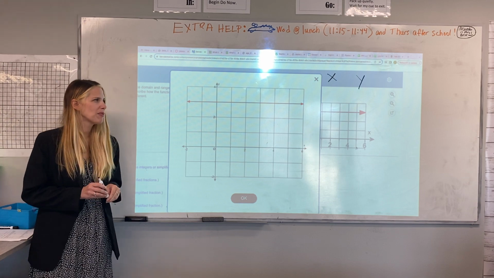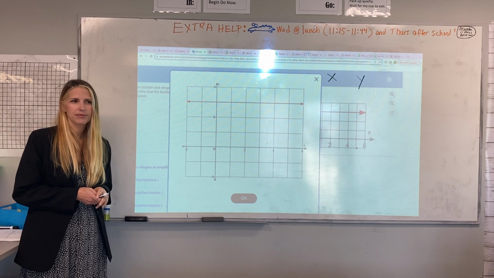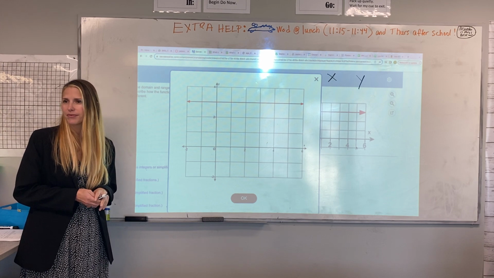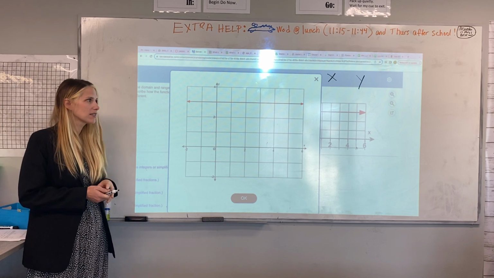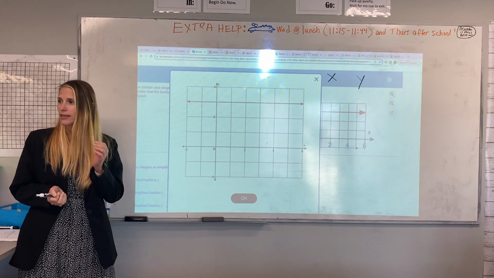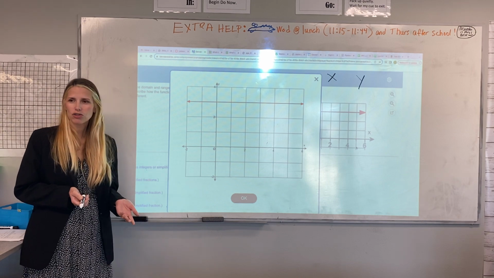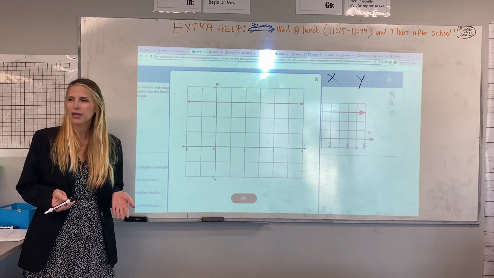What do you notice about what this line is doing? It's going straight in both directions. Are there any endpoints? There are no limits to the domain, right? So how do we describe a domain that has no limits?